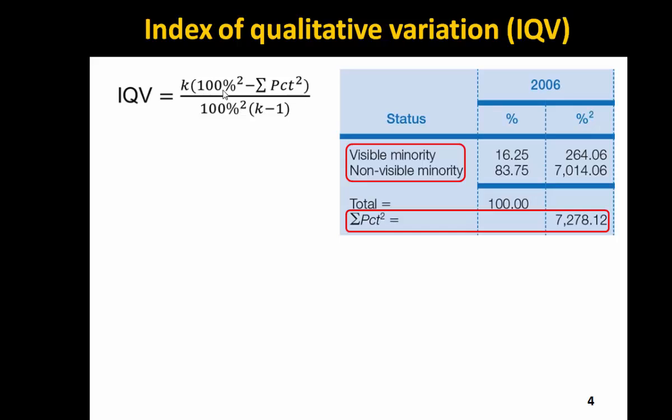So this would be a good time to pause the video, go through this calculation, and then restart the video, where I will then go through the step-by-step solution to calculating the IQV.